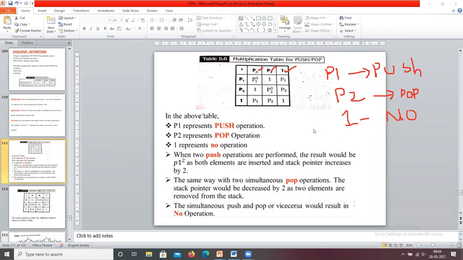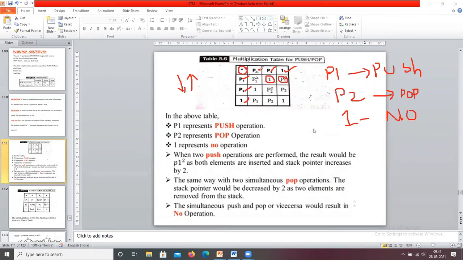Okay. In the above table, these are P1, P2, 1, and P1, P2, 1. Here we are going to do the multiplication. P1 into P1 is P1 square. P1, P2 means 1 push, 1 pop, so it equals no operation, 1. P1 into 1 is P1.